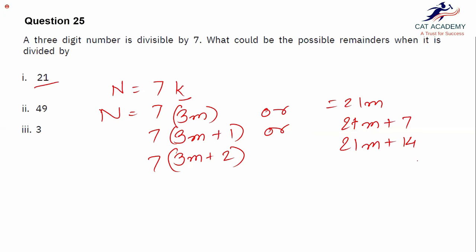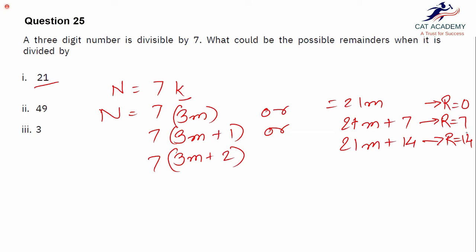So that means if I divide the given number by 21, what is my possible remainder? My remainder could be 0, or 7, or 14. That means if a 3-digit number is divisible by 7, then if I divide it by 21, my possible remainders are 0 or 7 or 14.